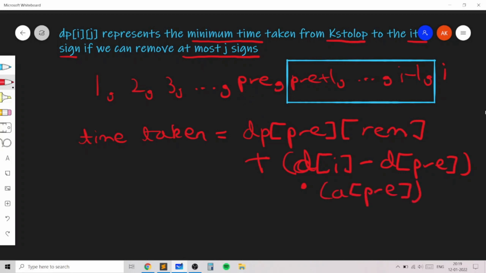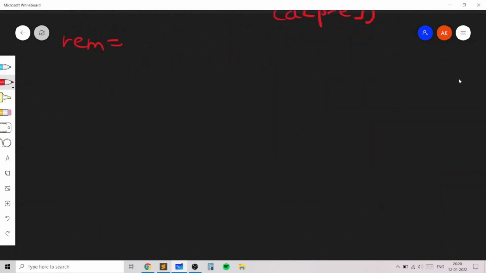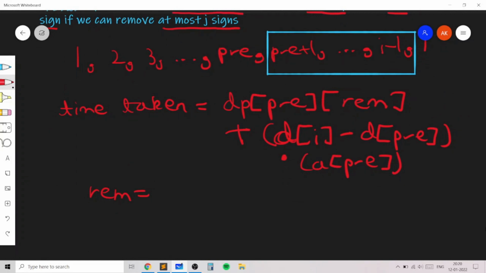So this will basically be the recurrence for the time taken, and rem is basically given by the remaining number of signs. So how many signs are left? Let's try to figure that out. So we know that the number of signs which you remove is pre plus 1 minus I minus 1 and plus 1, because you remove all the numbers in this range, and the number of remaining signs is given by j minus this quantity.